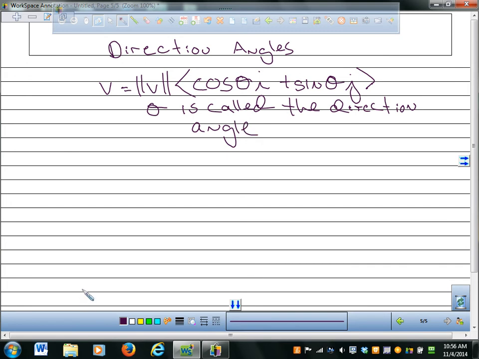Okay? So that comes pretty much straight from right triangle trig. And theta is called the direction angle, and theta is measured in degrees counterclockwise from the x-axis.